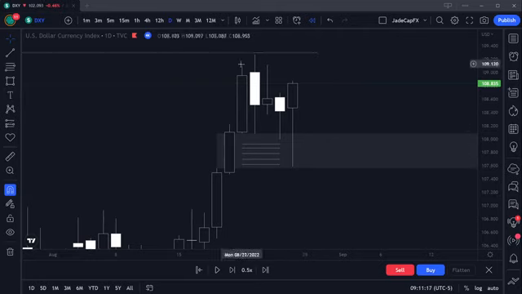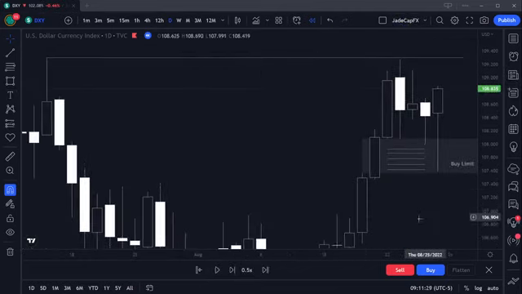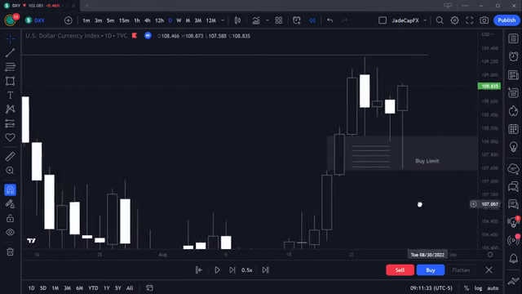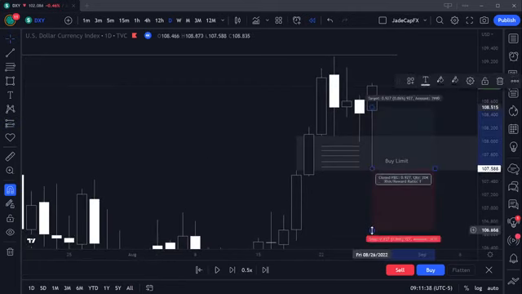Smart money understands when this runs away, I'm trying to buy it at a discount. So even when it runs away, smart money is setting a buy limit order down here. When price is trading up here, they're just going to set a buy limit order down here. They get filled. Wouldn't you want to be in the market down here?